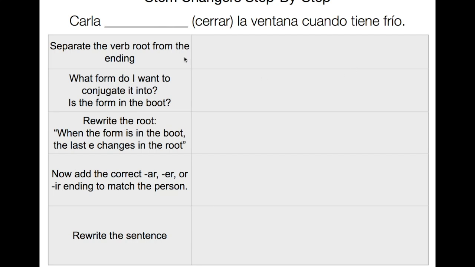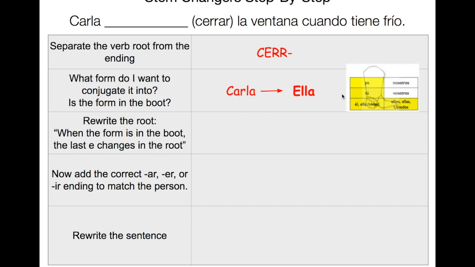The next sentence. Carla, the verb is cerrar la ventana cuando tiene frío. Step 1, separate the verb root from the ending. Yes, cerr is what you get when you do that. Step 2, what form do I want to conjugate it into? Look back in the sentence. We have Carla, which means the same as ella or she. Is the form in the boot? Ella is in the boot, so we do have a stem change.